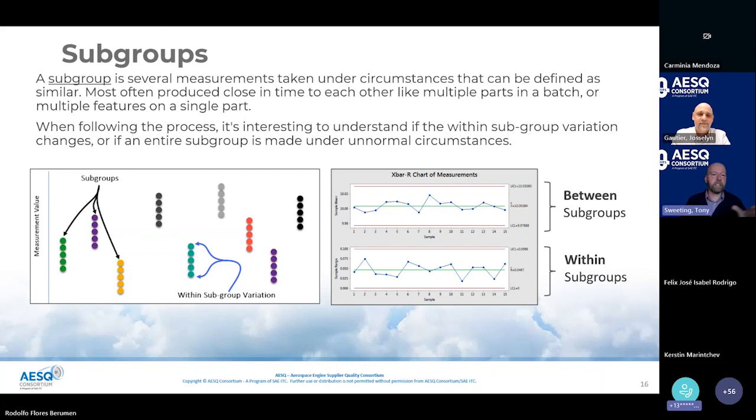And in this particular case, we've got two instances on the bottom left. We've got subgroups that have been rationally subgrouped based on, I've got 5 measurements, let's say, of a diameter, and I'm just interested in the average diameter.